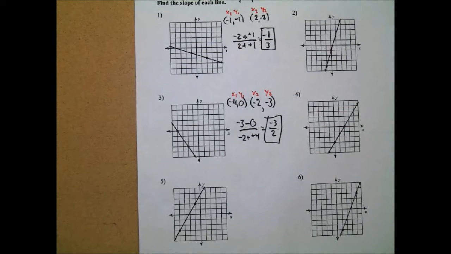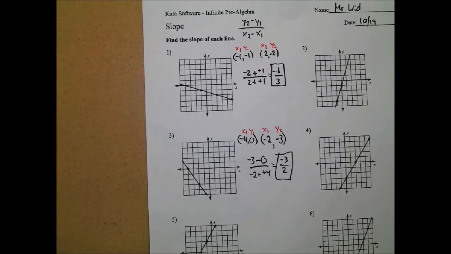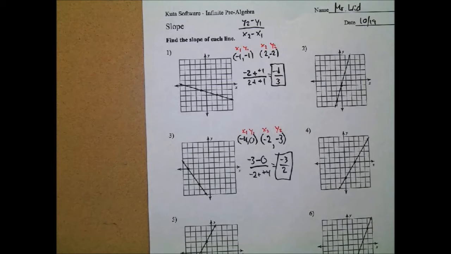All right, so your homework then is to finish up through 15, the odds, please. Finish up through 15, the odds. So numbers 1 through 15, odds. Okay, and that'll be your assignment. All right, so you can probably get 4 and 5, or 5 and 7 done like that because of what I just showed you.